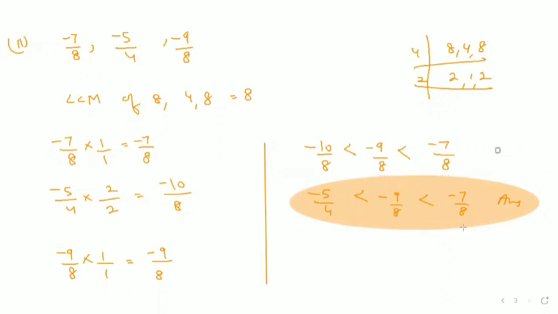Now let's move to the third part of question number 7. The third part is given as minus 4 by minus 5, 8 by 15, and minus 2 by 11.